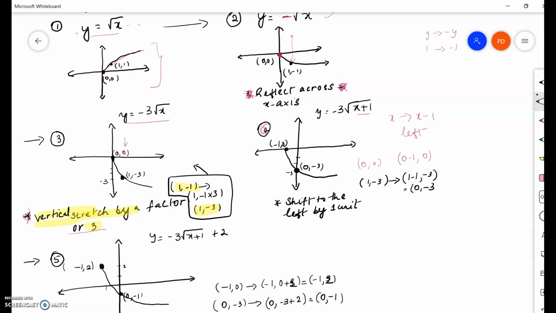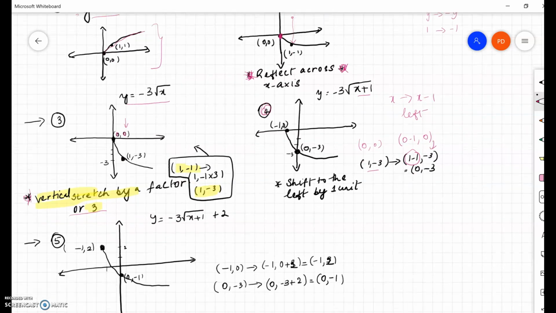Our second point, 1, -3, when shifted to the left by 1 unit, since moving to the left is a horizontal shift, we subtract 1 from the x coordinate. If it's a horizontal shift, subtract from the x coordinate. If it's a vertical change, the y coordinate gets affected. So our new coordinates are -1, 0, which is the starting point of the graph, and it also passes through 0, -3. The shape remains the same.